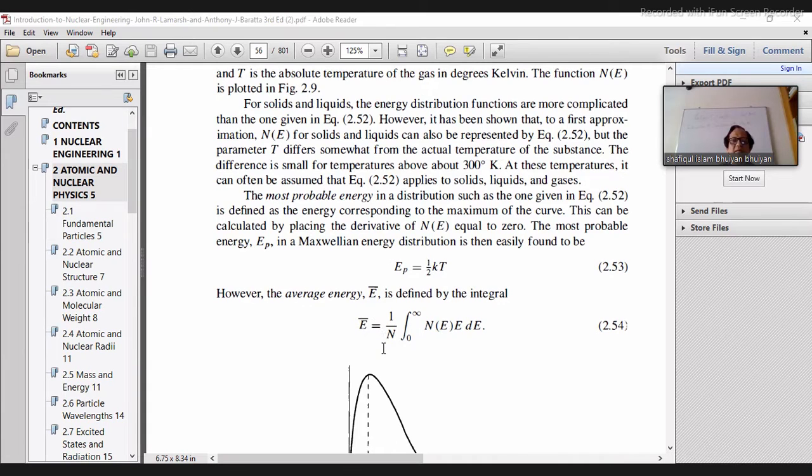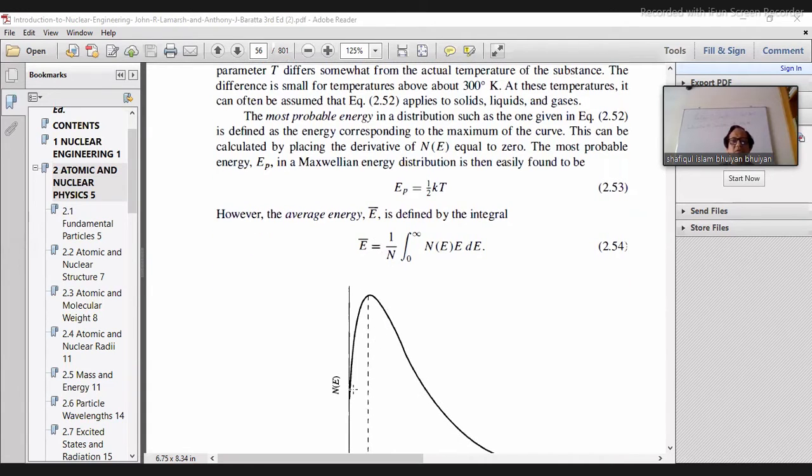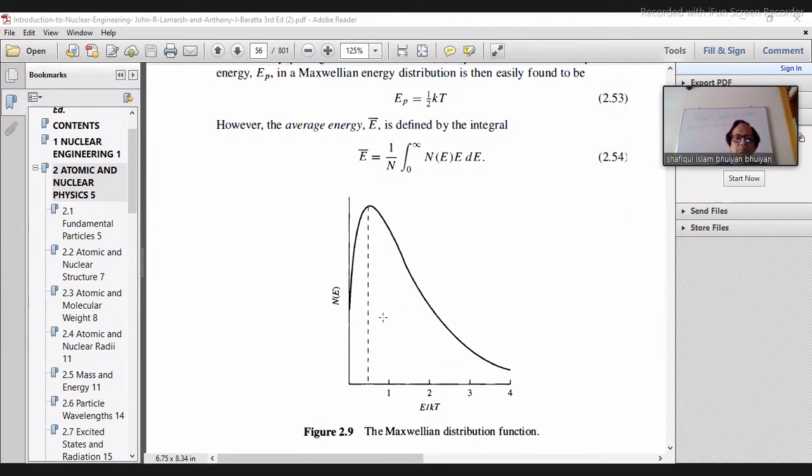This is the Maxwell distribution, and we'll always keep this in mind. We will talk very soon about the fission spectrum, which is almost like this. So we can use this Maxwell distribution.